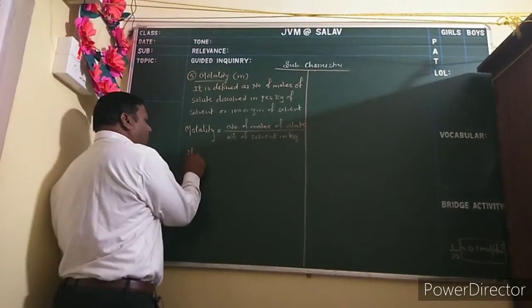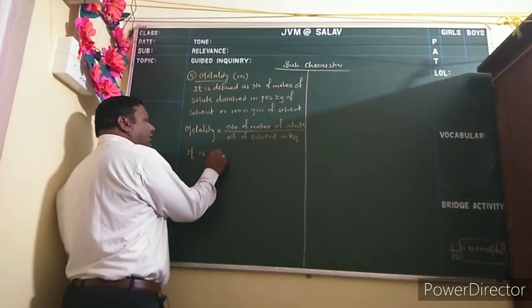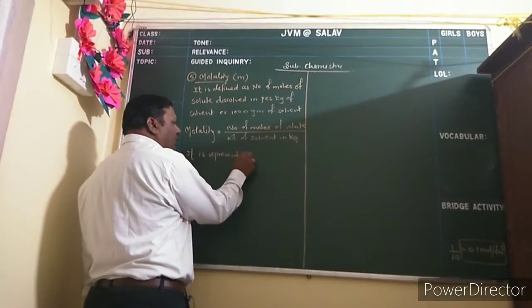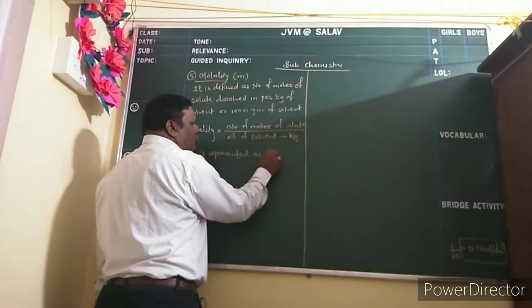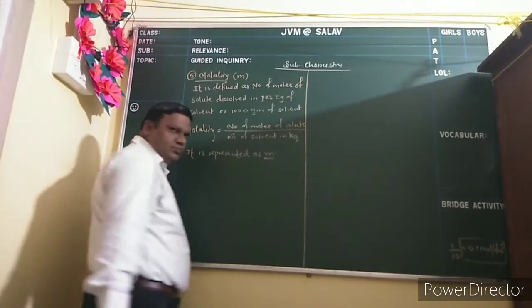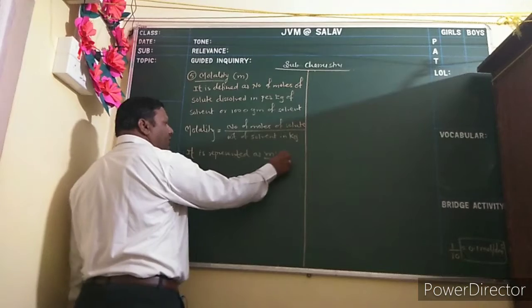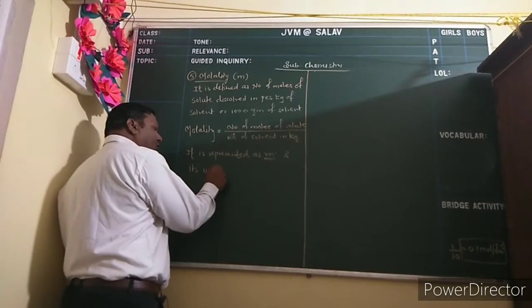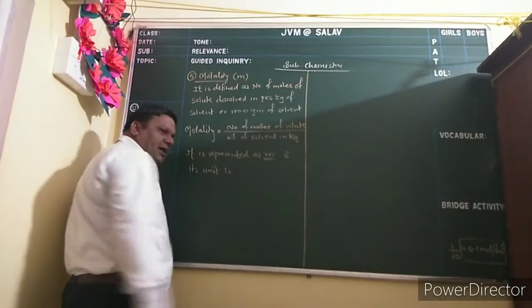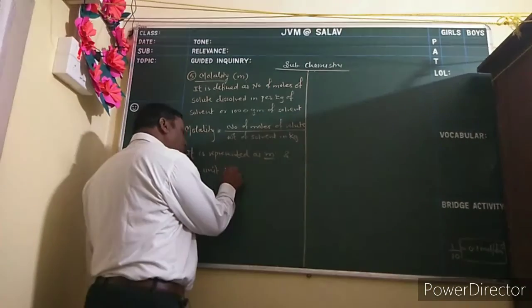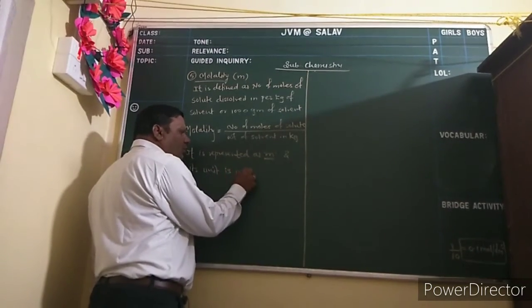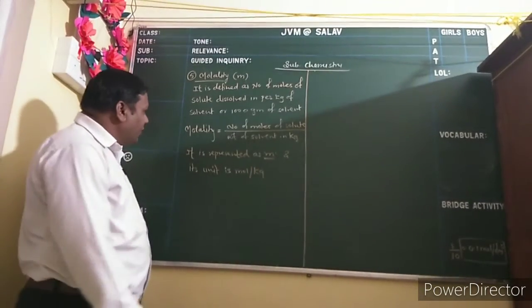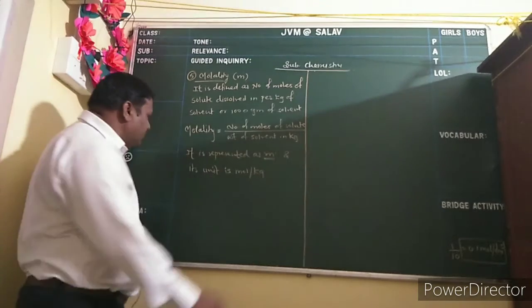It is represented as small m, and its unit is mole per kg. Correct?